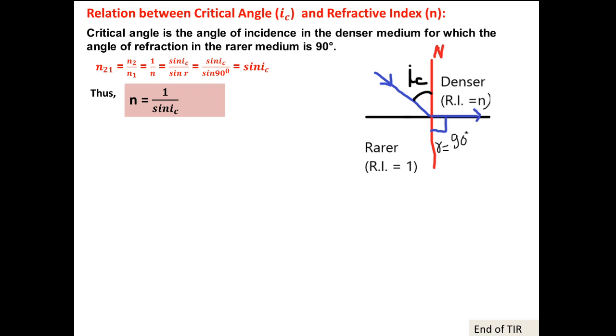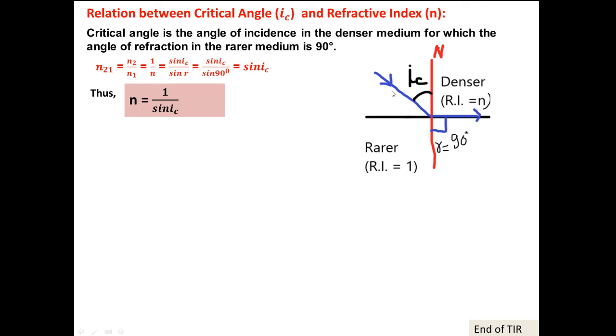Next here see, what is the critical angle? Now take it. It is a relation between critical angle and refractive index. Relation between critical angle iC and refractive index of the media.